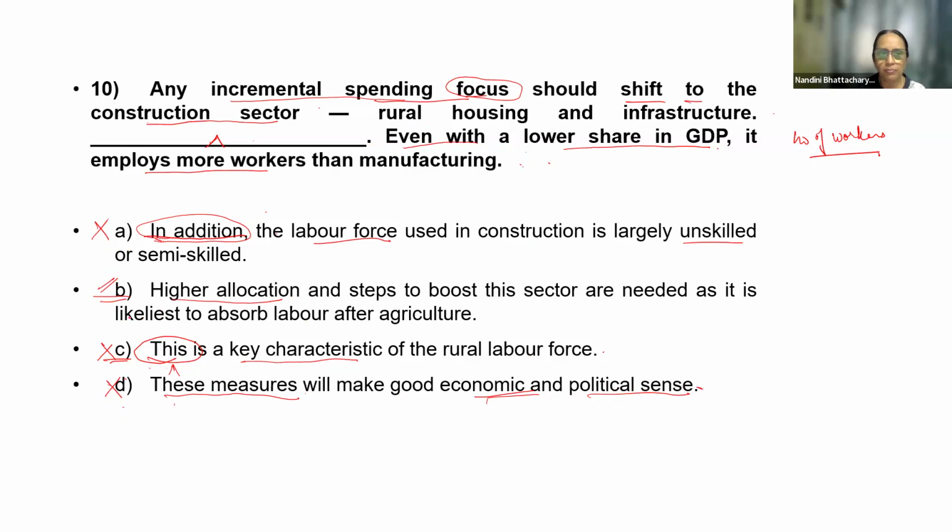Now if you look at B, higher allocation, here we are talking about incremental spending, which means higher allocation, and steps to boost this sector are needed as it is likeliest to absorb labor after agriculture. So after agriculture, this is the sector which employs most of the labor force.